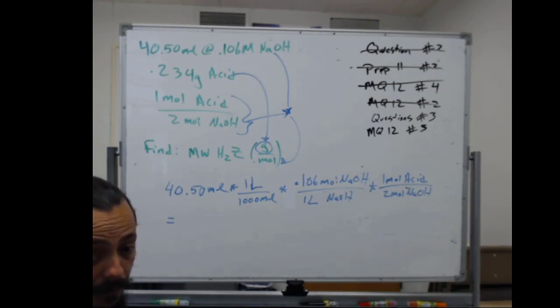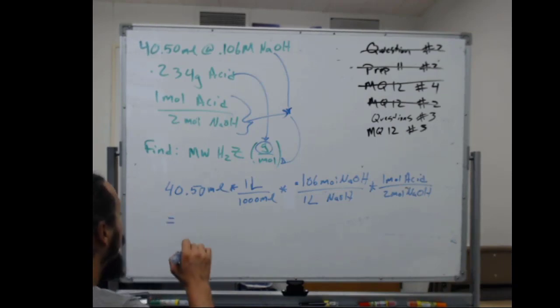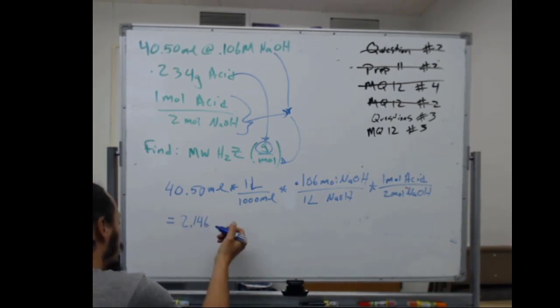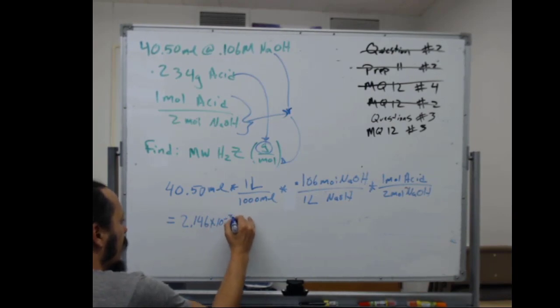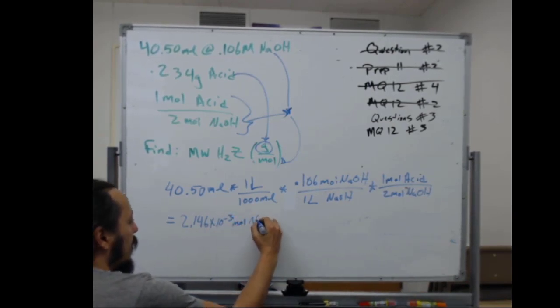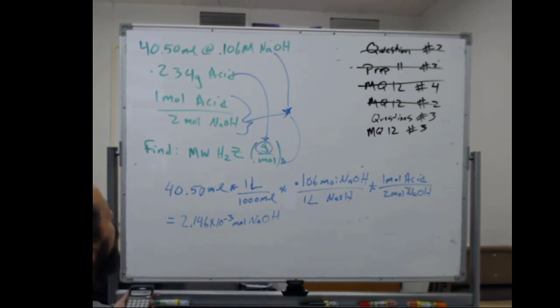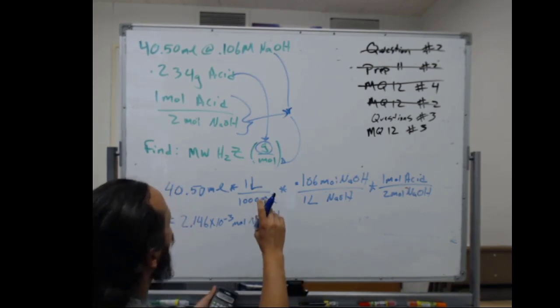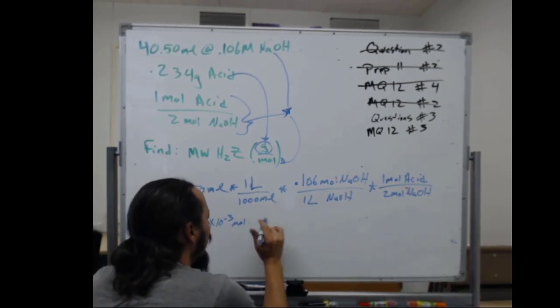Again, if you've got a calculator handy, make sure you check these for me. 2.146 times 10 to the minus 3 moles, not moles of NaOH, sorry, moles of acid.